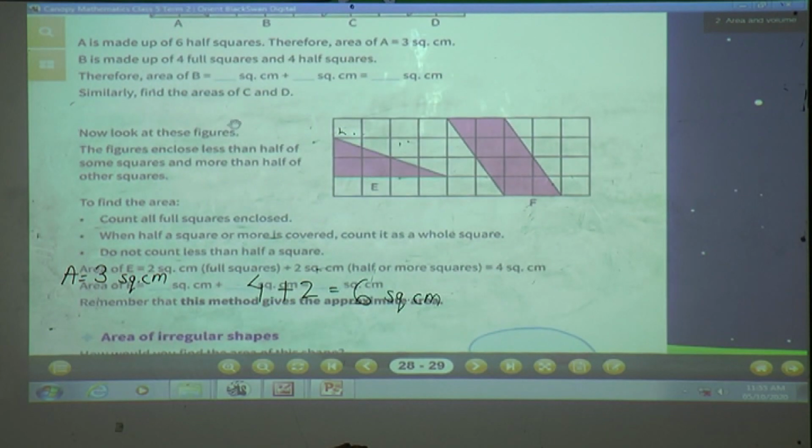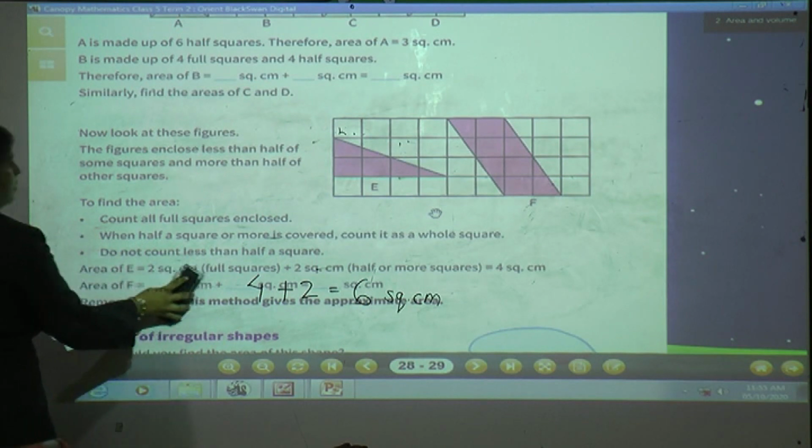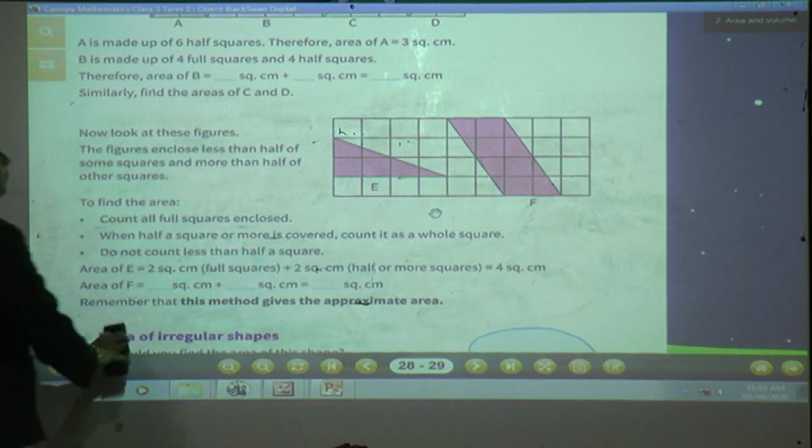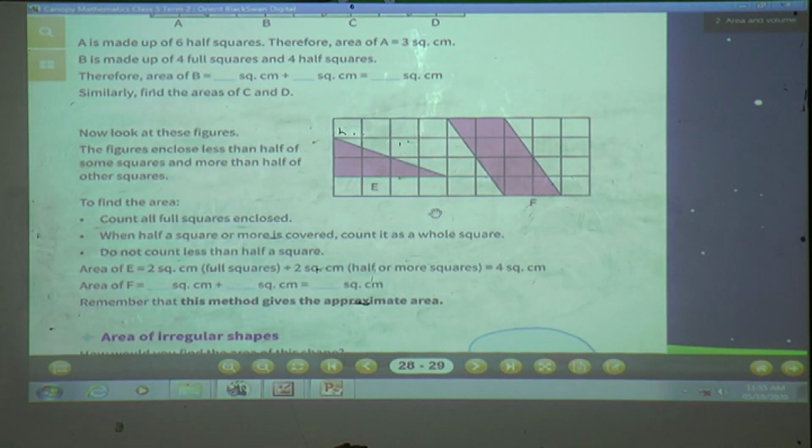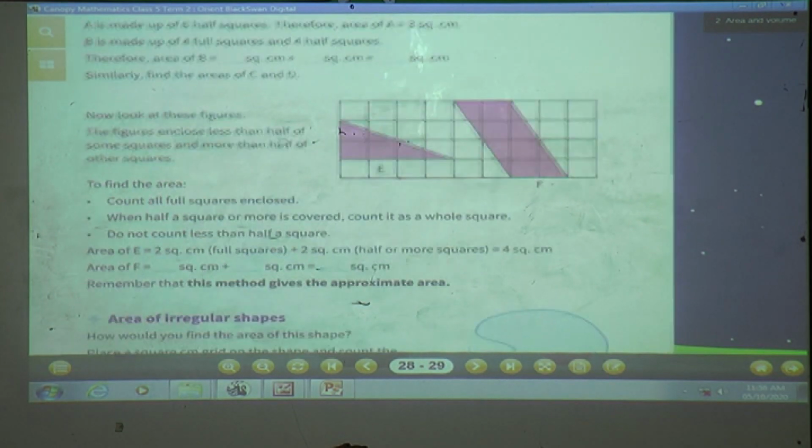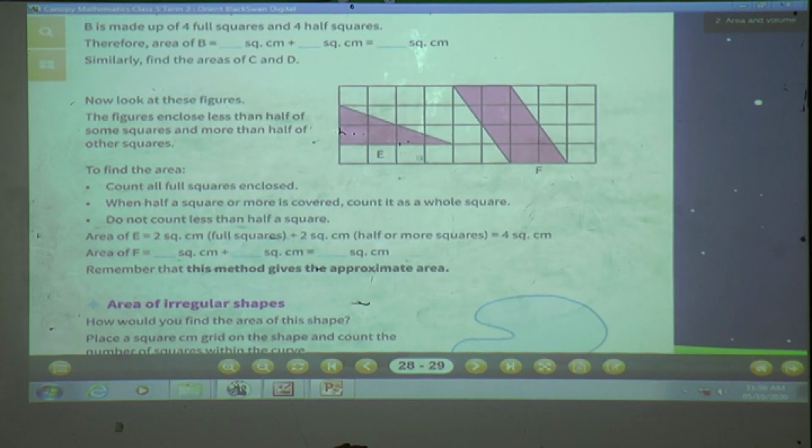See students, now we will see the next one. Look at this figure. Some figures enclose less than half of some squares and more than half of other squares. How to find this area? So here are some rules. Count all full squares enclosed.